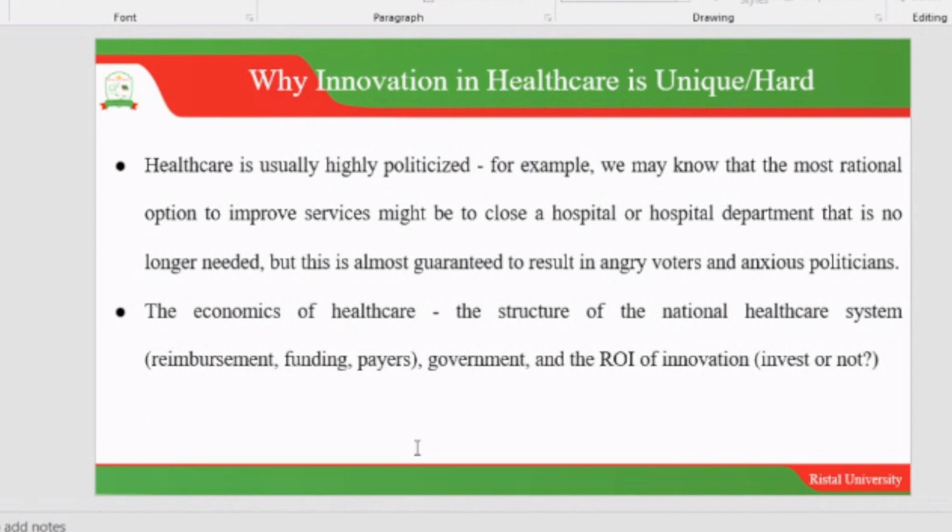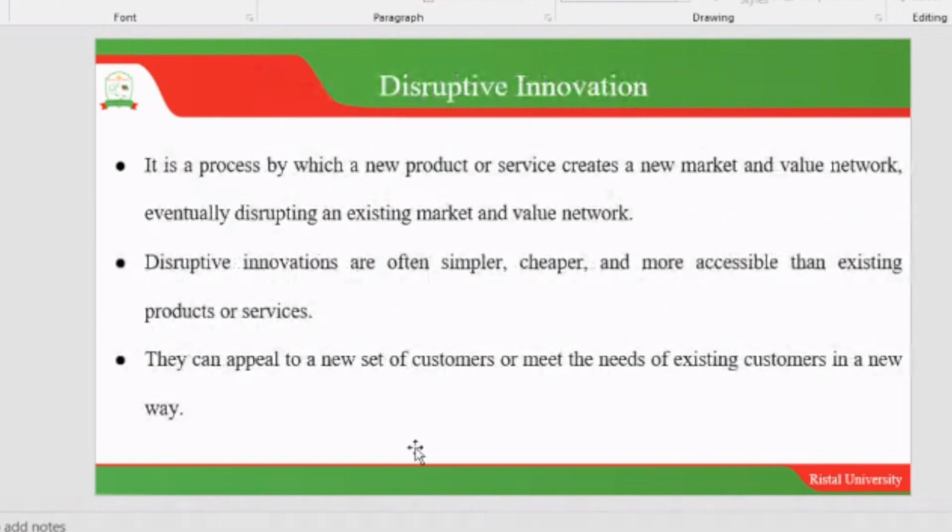If it is insurance, how long does it take for them to process these payments? So all these sometimes can affect the return on investment, or the ROI, of any innovation that you put in place.